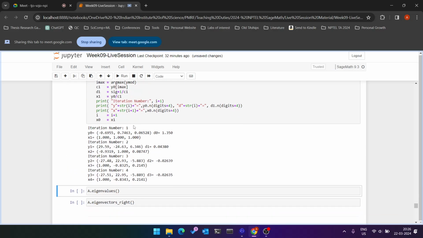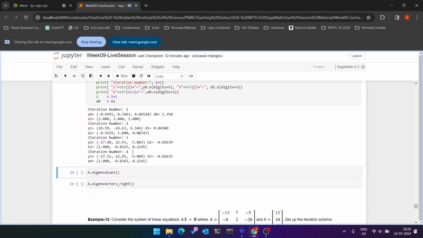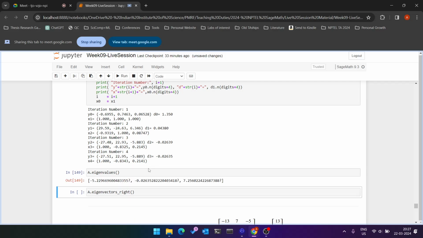We have specified, I think, 30 iterations. We have converged in 4 iterations. You can see that d3 is minus 0.02. This is my sigma value. This seems to be my lowest eigenvalue, and this is my corresponding eigenvector. Just to check, I run A dot eigenvalues, and I can see that there is indeed an eigenvalue which matches whatever we have evaluated.